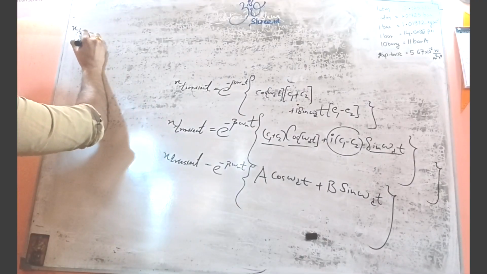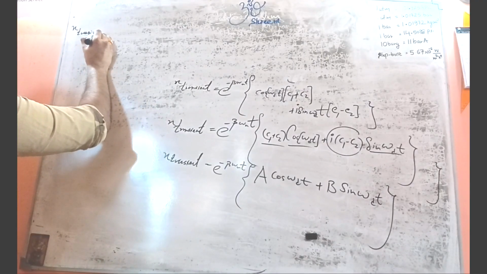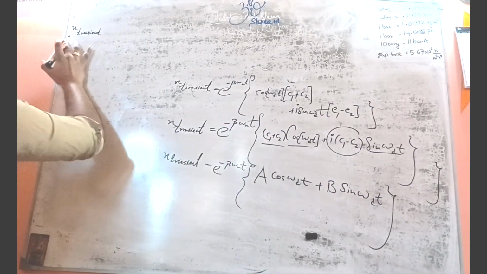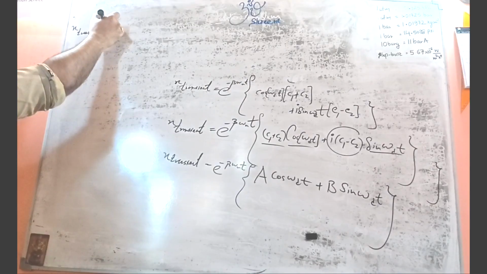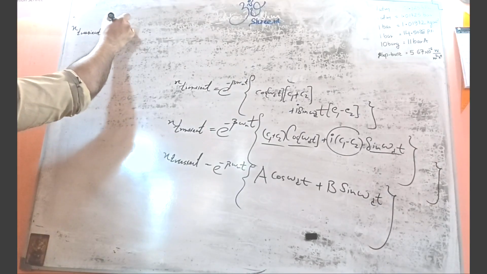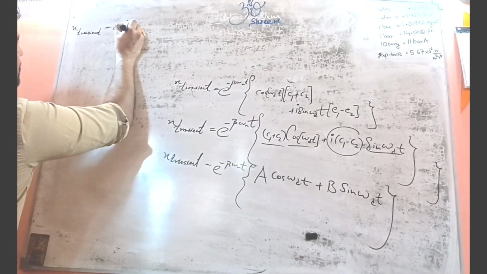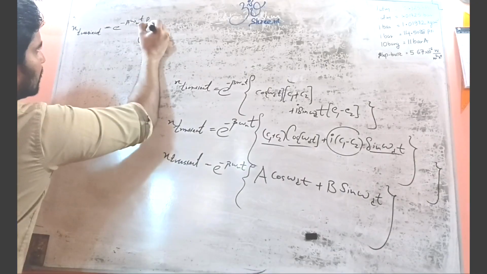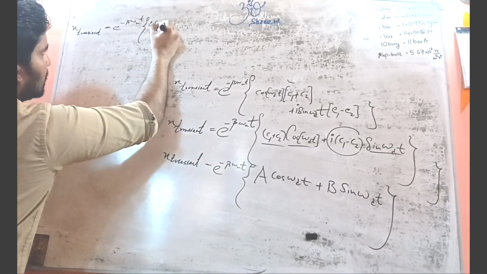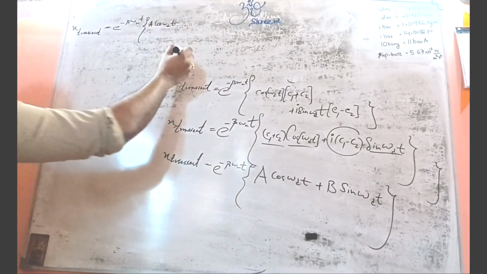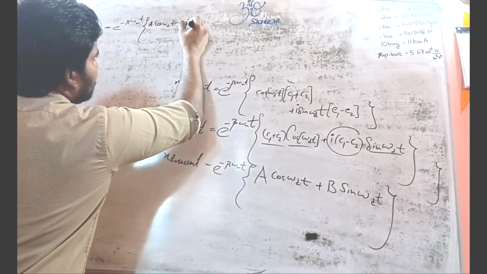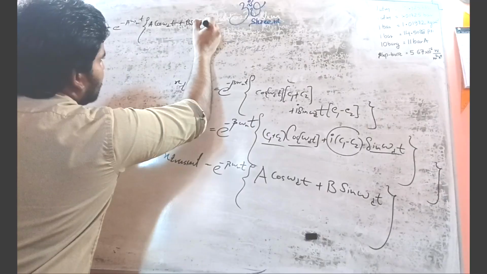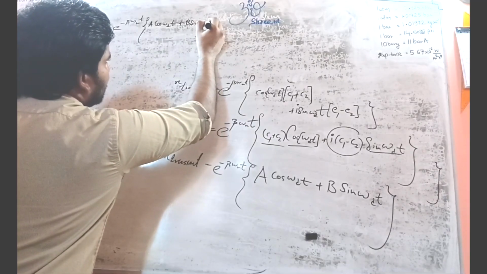The transient response, x transient, equals e to the power minus beta omega n times t, A cos omega d t plus B sine omega d t.